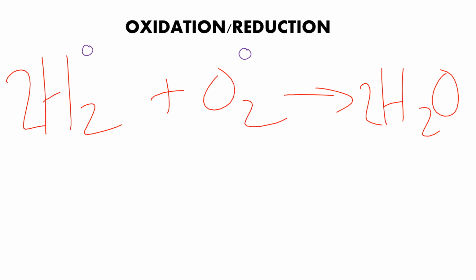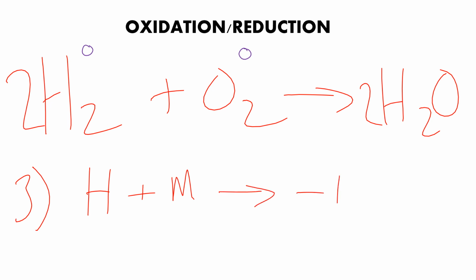How do we figure out which is which? We need another rule, especially for hydrogen. When hydrogen is combined with a metal in a compound, its oxidation state will always be -1. When hydrogen is combined with a non-metal, its oxidation state will always be +1.